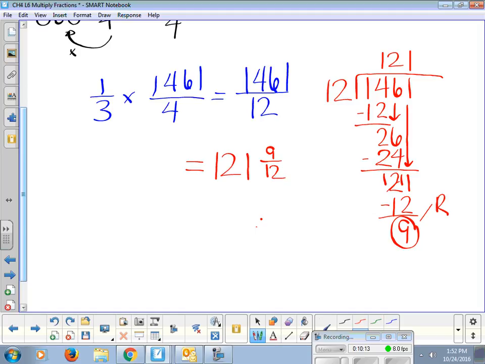We keep the same denominator. Can that 9/12 be simplified? Yes. What can we divide by? 3. So we get 121. 9 divided by 3 is 3. And 12 divided by 3 is 4.